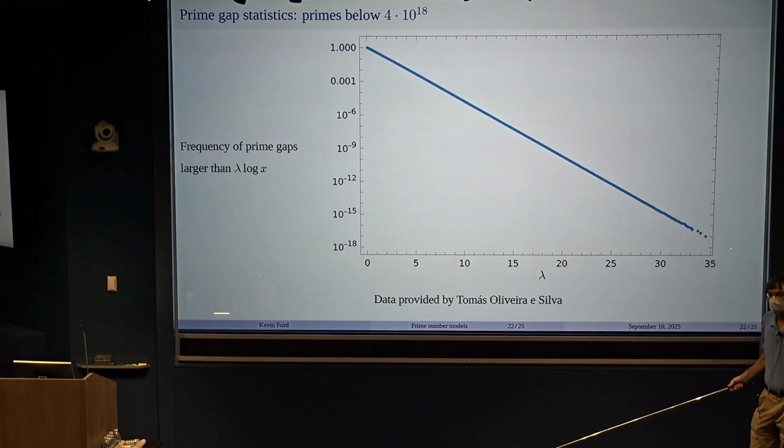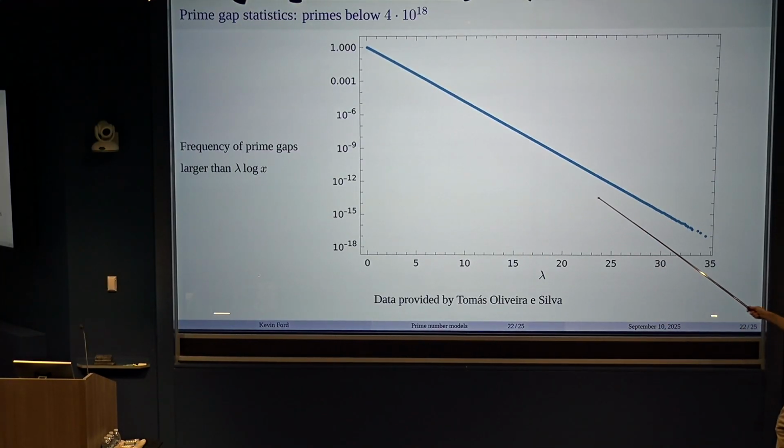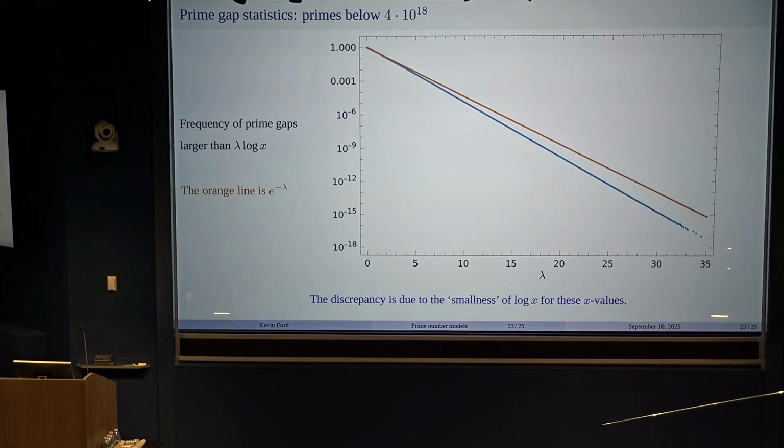Now, what Gallagher predicted is that this should be e to the minus lambda, and on a logarithmic scale that should be a straight line, which it really does look like. It looks really good, except it's the wrong slope. This is e to the minus lambda, and this is e to the minus some constant times lambda, where the constant is bigger than 1.